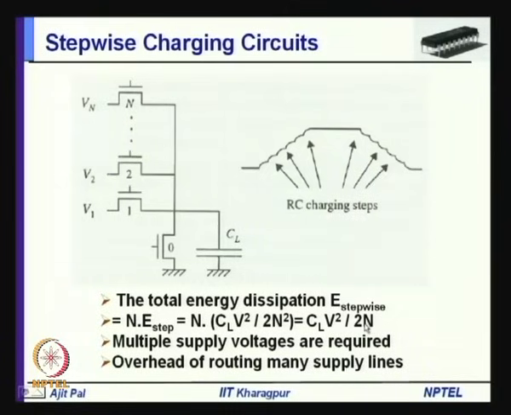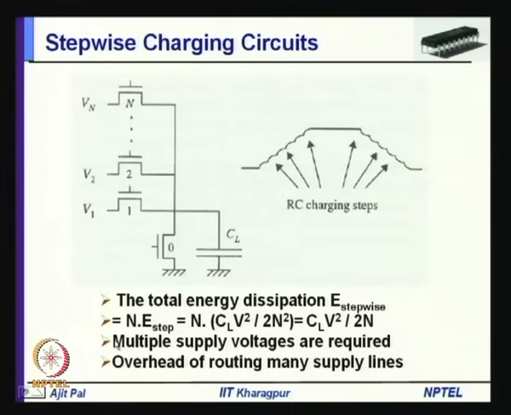What is happening here is that the energy loss for charging from 0 to VDD is 1 by n times smaller compared to if you do it in one step. So, suppose n is 8, that means the power dissipation will be 8 times smaller than the traditional energy dissipation that takes place in one step charging.